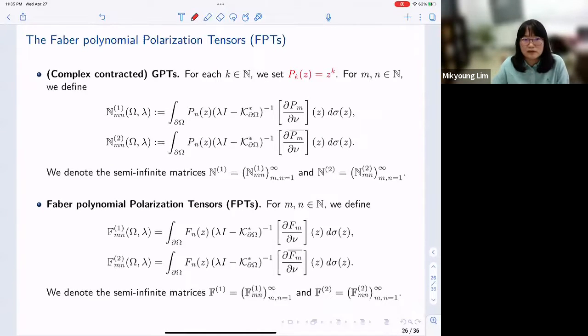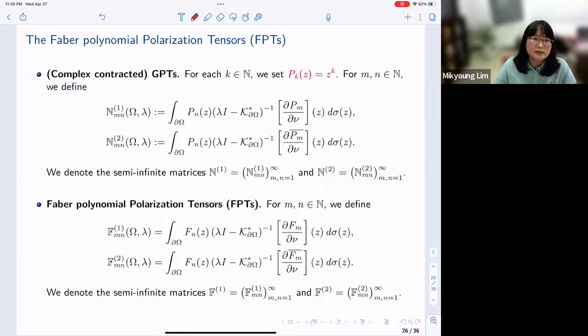Now, let me also define complex contractility GPTs. This is a combination of small m sub alpha in a way that it's related to complex polynomials.